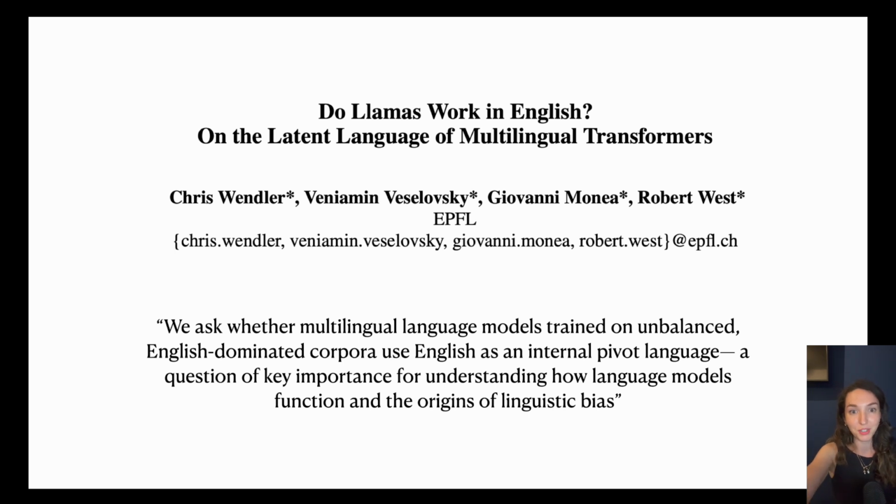So from the abstract of this paper, what they say is we ask whether multilingual language models trained on unbalanced English-dominated corpora use English as somehow an internal pivot language, aka whether whenever you give them a particular prompt to process, which might not be in English, the model first in its intermediate representations translates it back to English before actually then moving on to the original language that it should be answering in.